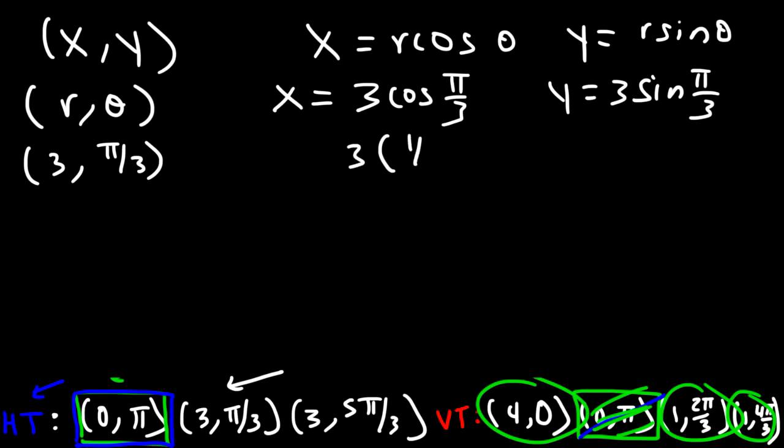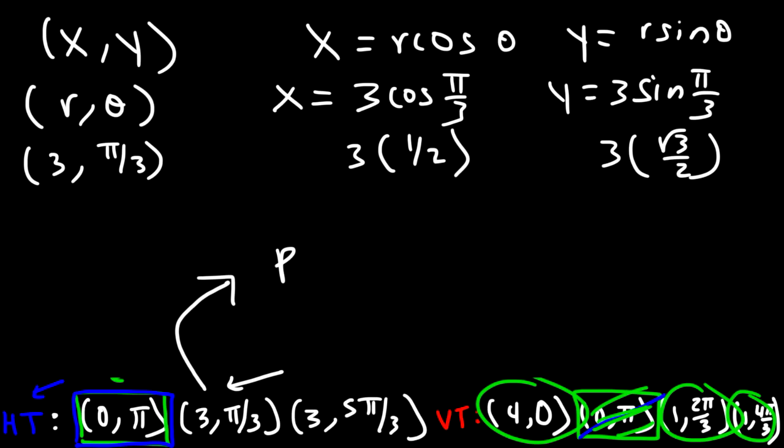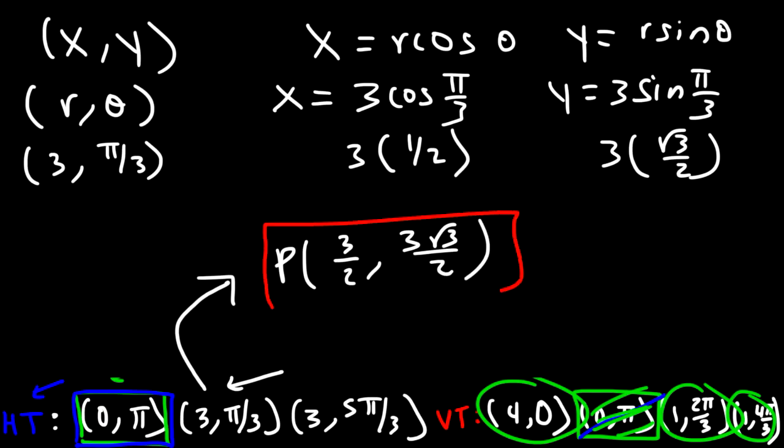Cosine pi over 3 is 1/2. Sine pi over 3 is the square root of 3 over 2. So we could say that this horizontal tangent line is located at the point 3 over 2, 3 square root 3 over 2. So you can write all of these points in rectangular form as opposed to polar form if you want to.